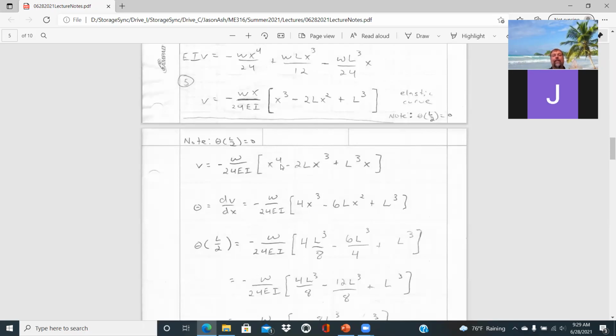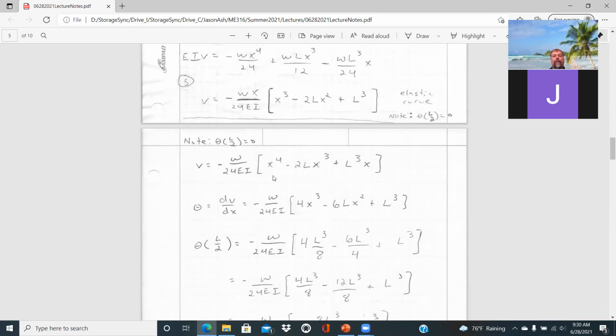I did that right here, moved the x back in. So it's x to the 4th minus 2Lx cubed plus L cubed x. Otherwise, you have to do the product rule as you're doing your derivatives, which becomes a little bit more of a headache. So if you're ever doing the slope, just bring any x values back in.